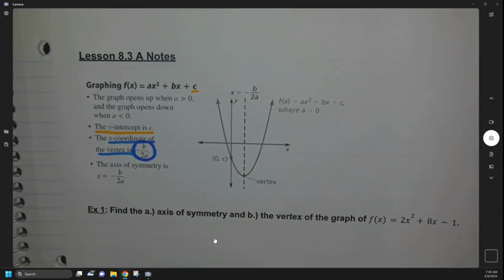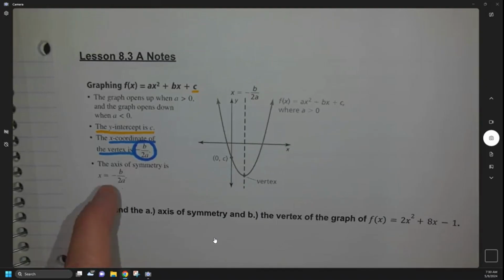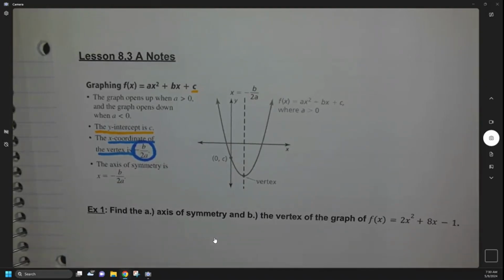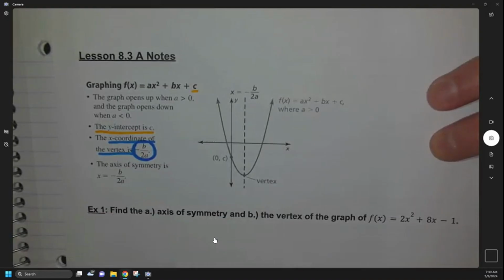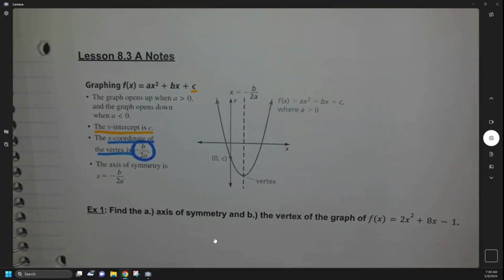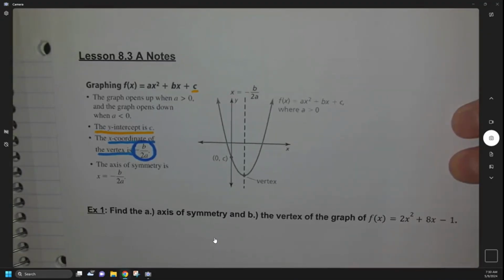And then the axis of symmetry is x equals negative b over 2 times a. So looking at those things, we're going to use those to find the axis of symmetry. We're going to use it to find the x values in our vertex for different equations and different problems.